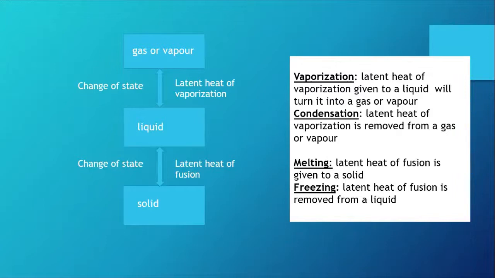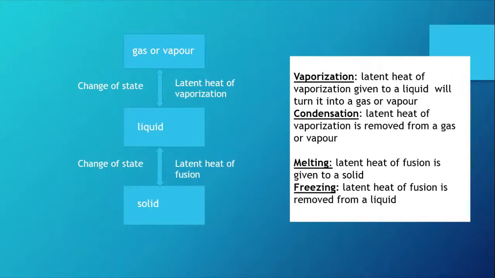If we go from a liquid up to a gas or a vapor, there's a change of state, and we've got vaporization. And if we go in the reverse direction, we've got condensation.